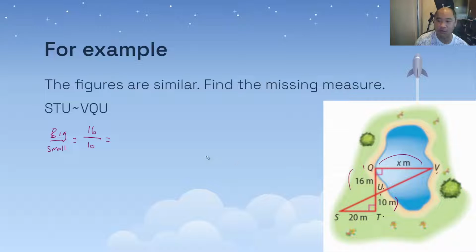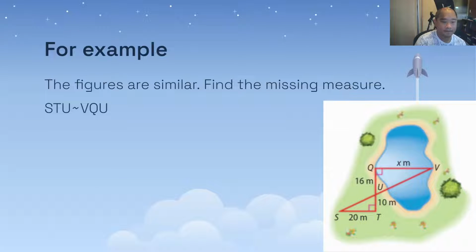That's what we're trying to figure out, right? And that's x. And that's going to be over 20. So 16 times 20 is 320. Yes, 320. Over 10x, divide both sides by 10, 32 equals x. So what is the missing measure? How far is it across the pond? It's 32 meters. 32 meters across the pond.